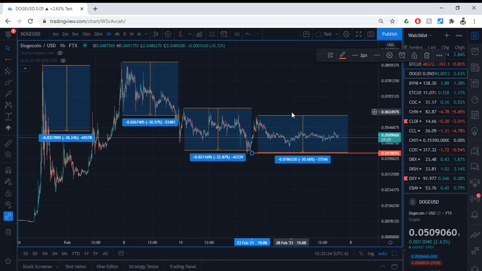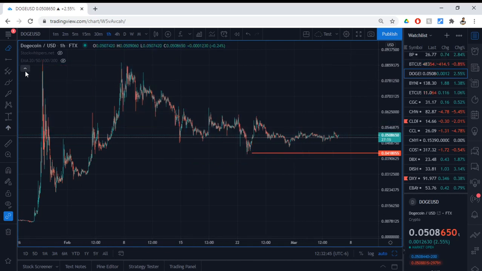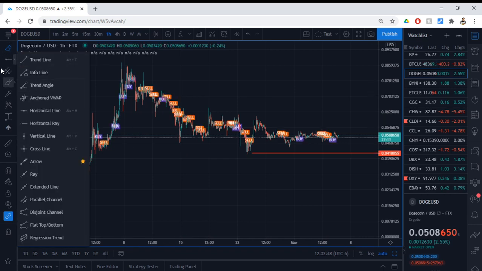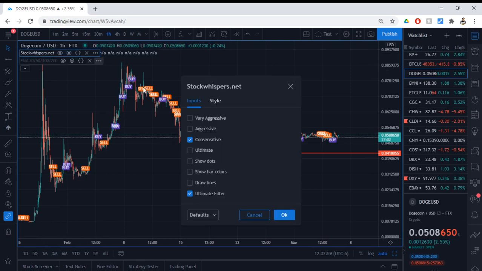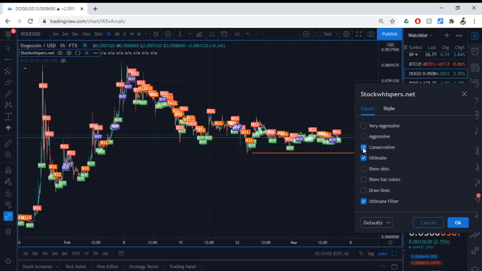So here's why I'm trying to buy. But just for the hell of it, this would have given me 4 entries on Dodge. Now let's play with the indicator. So we know for a fact the buy strategy, conservative, let's see, ultimate.